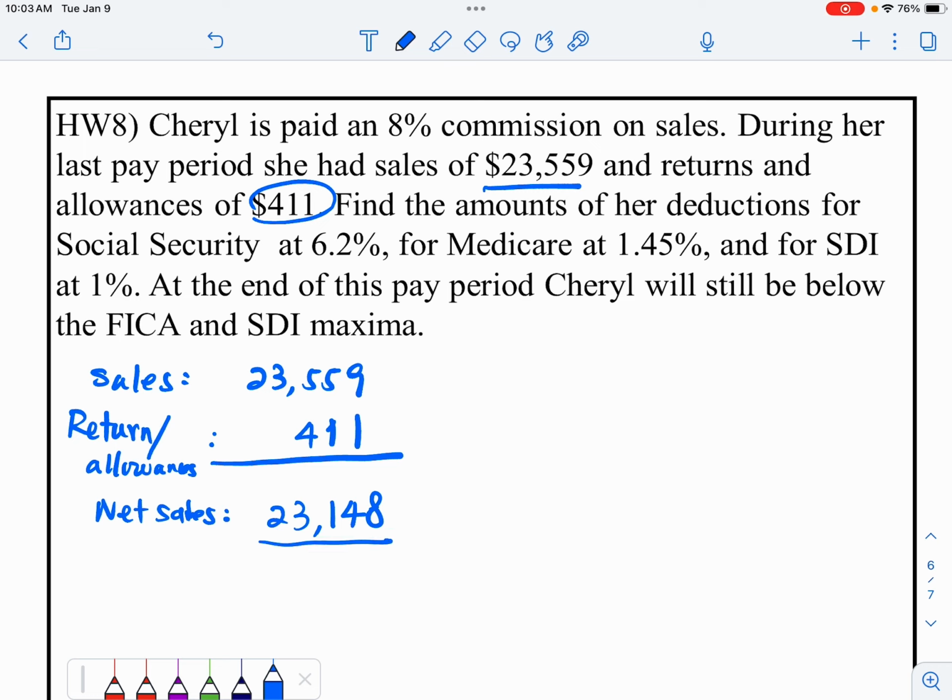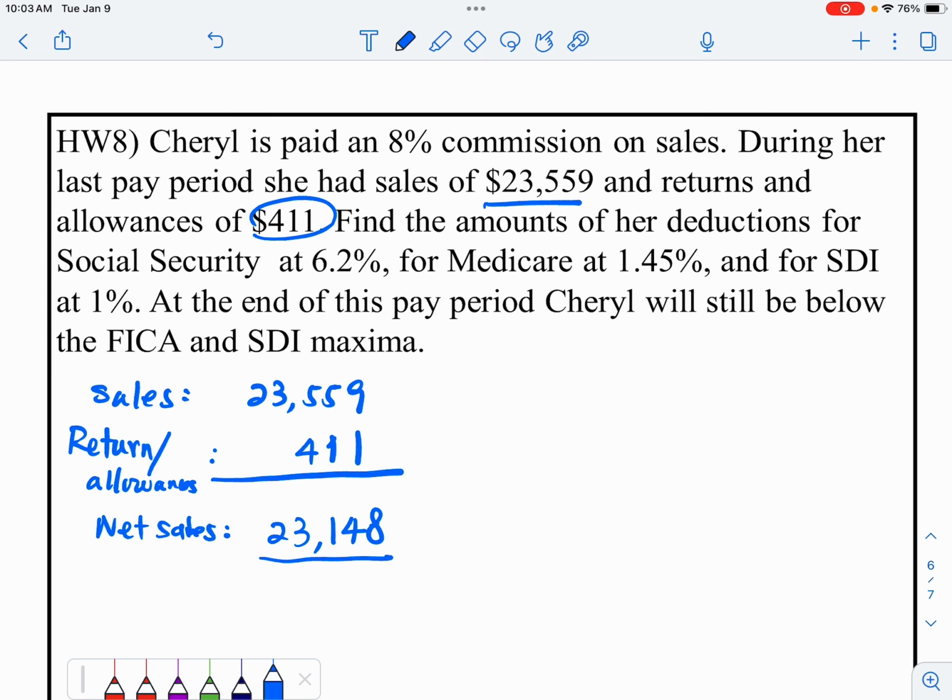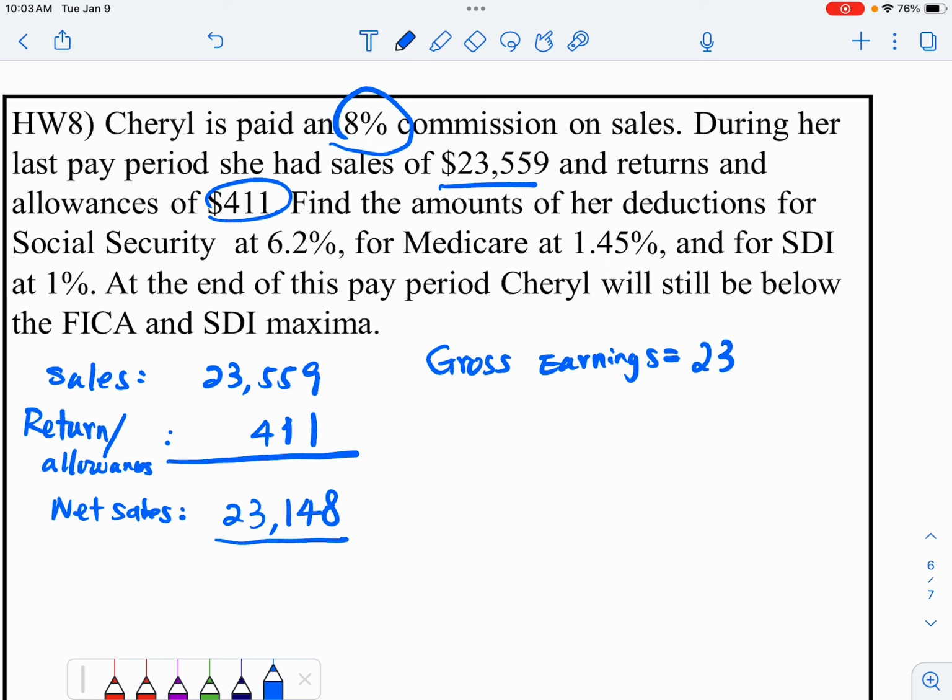And then we are going to find the commission here. The commission will be 8%. So here's the gross earnings: 23,148 times the 8%.